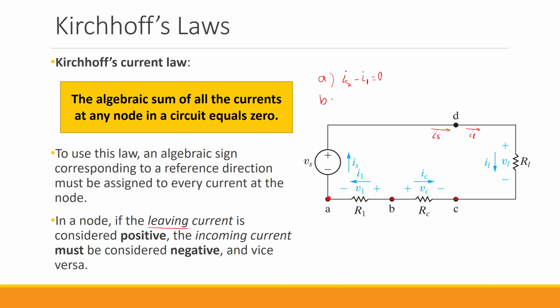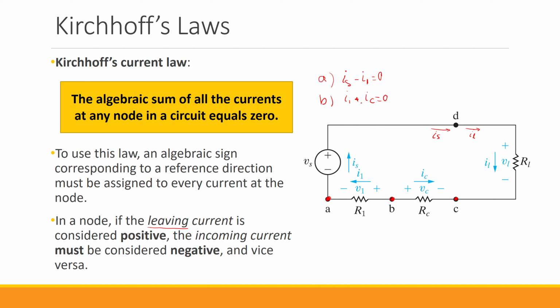Let's do the same for node B. For node B, we have both I1 and IC leaving the node, so I consider both of them with the positive sign. So I have I1 plus IC equals 0.